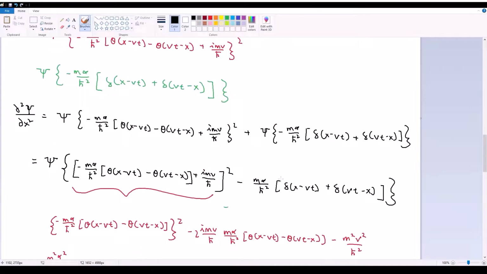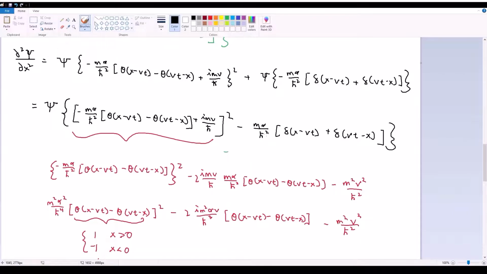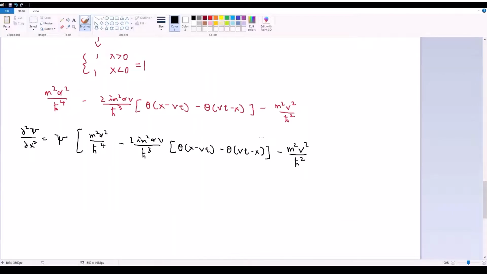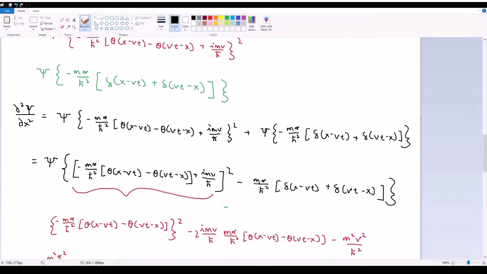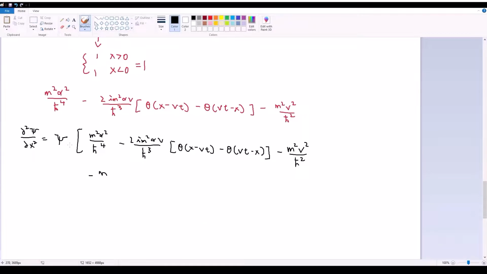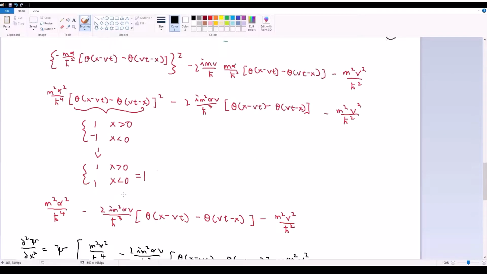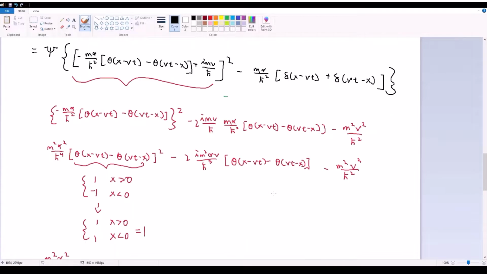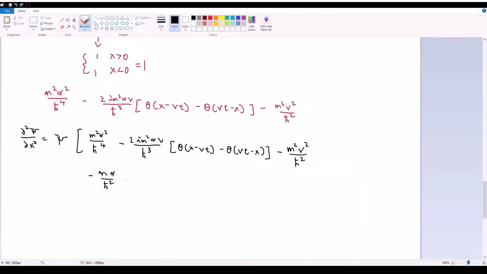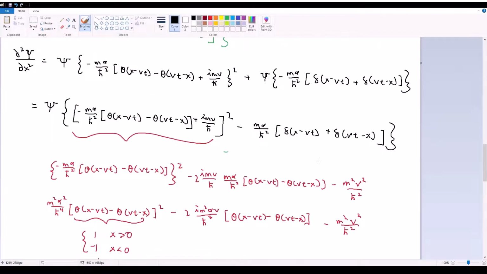And then we have to attach this thing at the back, so minus, what is it? m alpha over h bar squared, Dirac delta x minus vt, plus, I think, yeah, Dirac delta vt minus x.